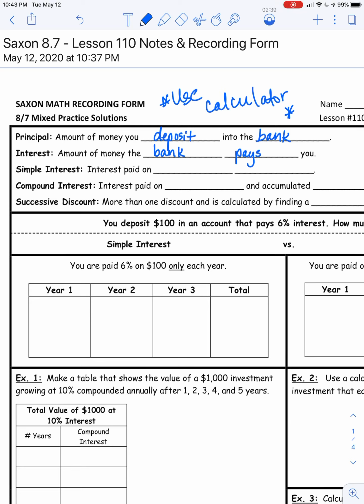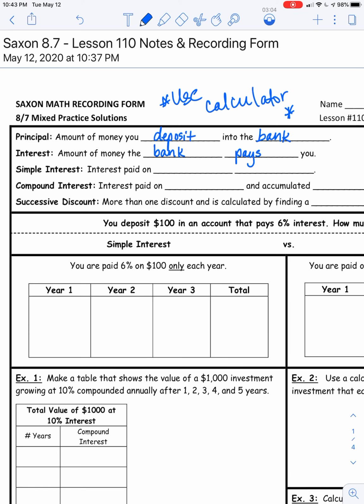There are 2 types of savings accounts that I want to talk with you about today. There are many out there, but typically interest is paid in one of 2 ways. You might have a simple interest savings account, which you won't make as much money on as you would a compound interest account. And compound interest is actually the most common because people want to make more money than less money.